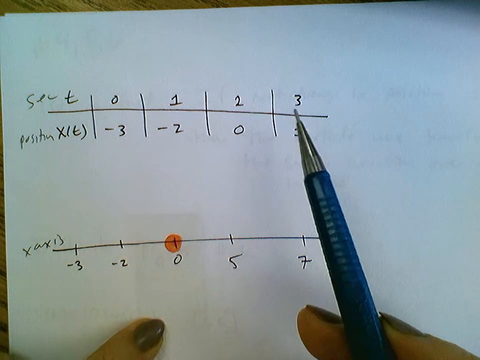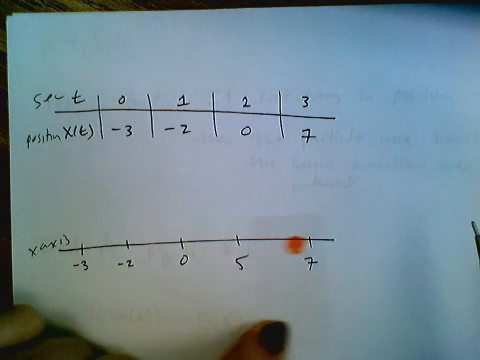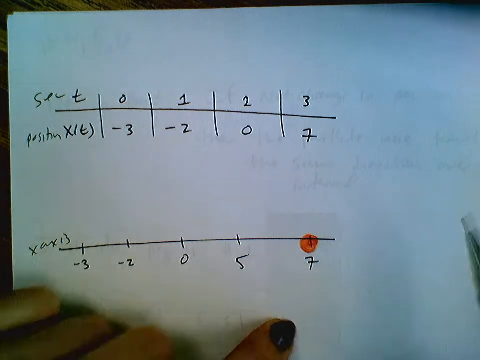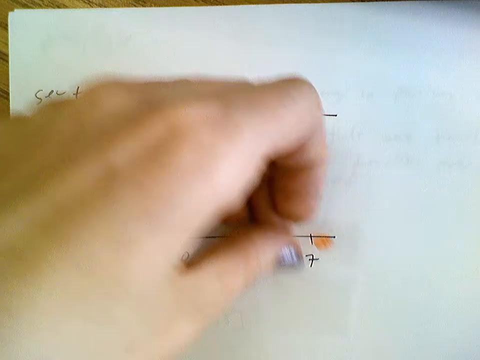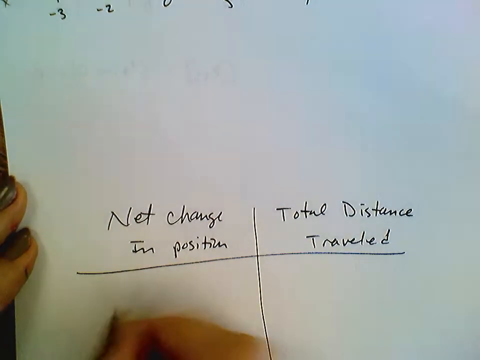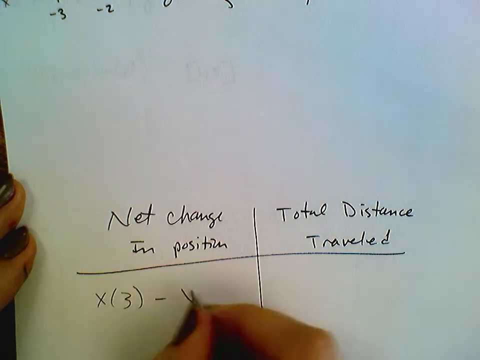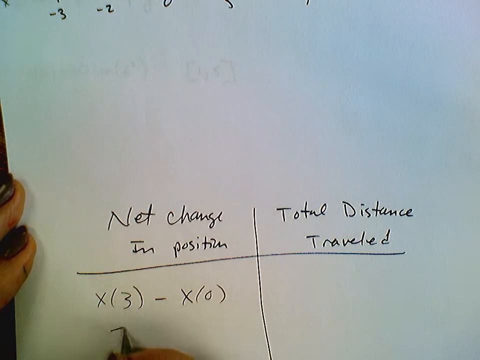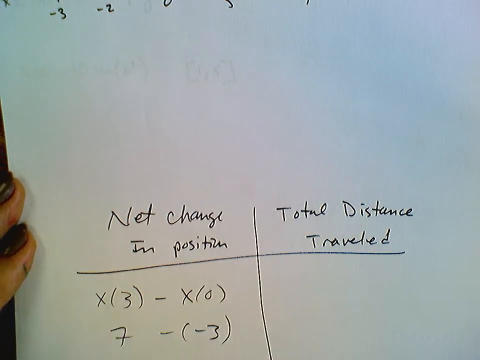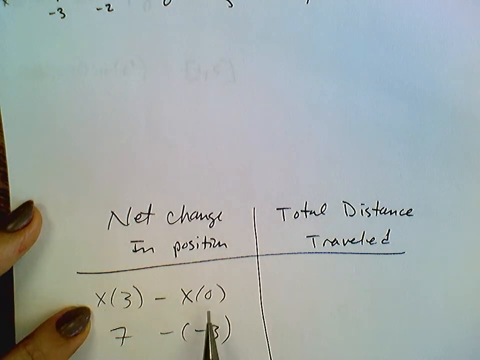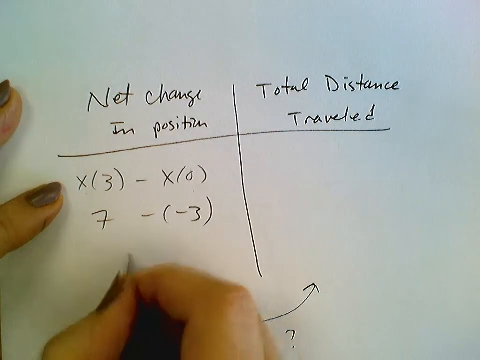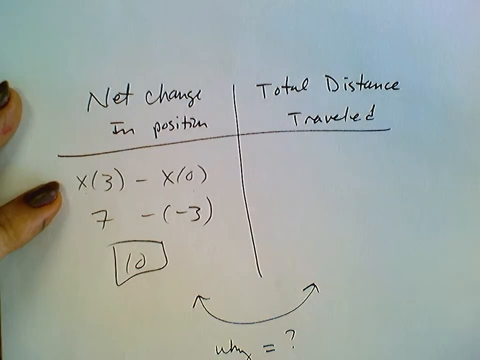From 1 to 2, we move to 0. From 2 to 3, we move to 7. So the net change in position is the same. It's x of 3 minus x of 0, so it's 7 minus -3, ending position minus starting position. There's the displacement again.